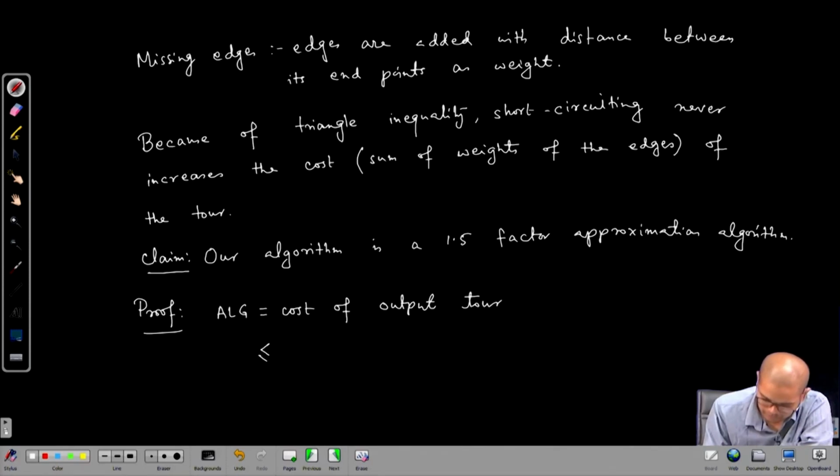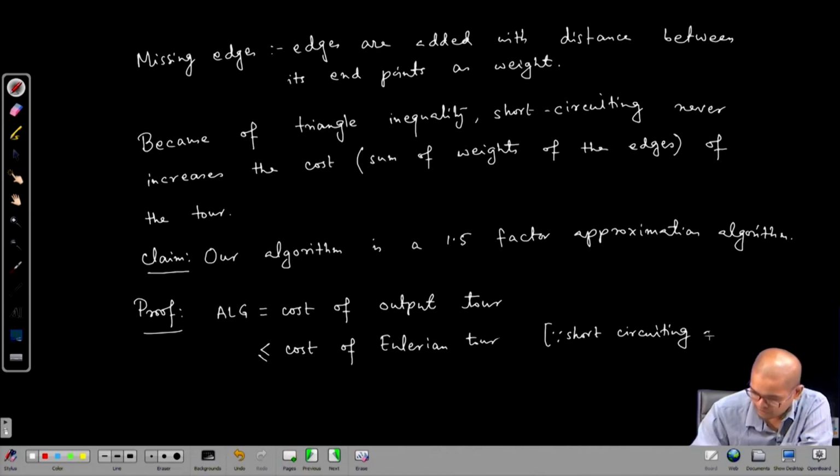This is bounded above by cost of Eulerian tour, since short circuiting never increases total cost due to triangle inequality.